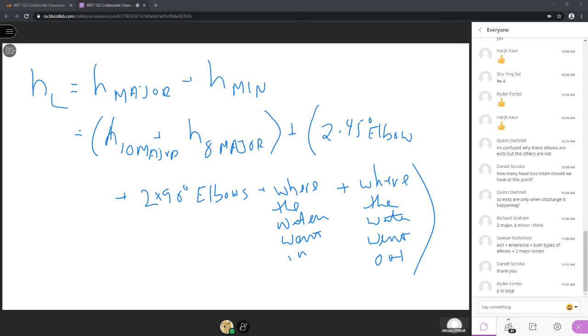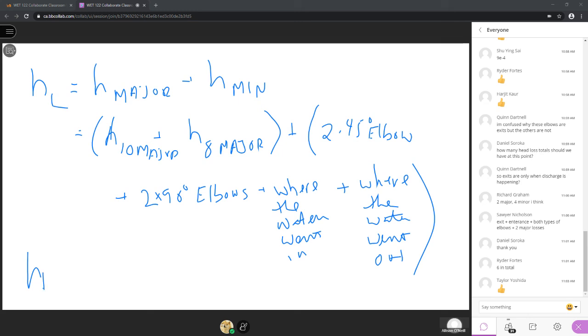How does everybody feel about this idea? So what you all are going to do right now is add up all of those individual losses that we just calculated.